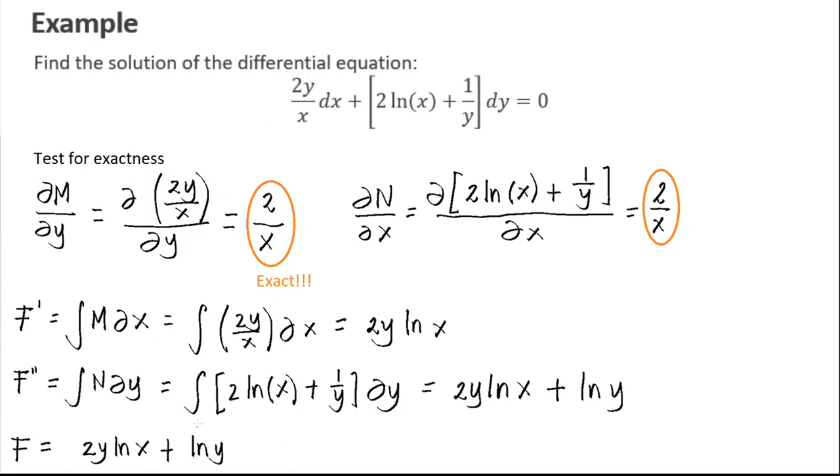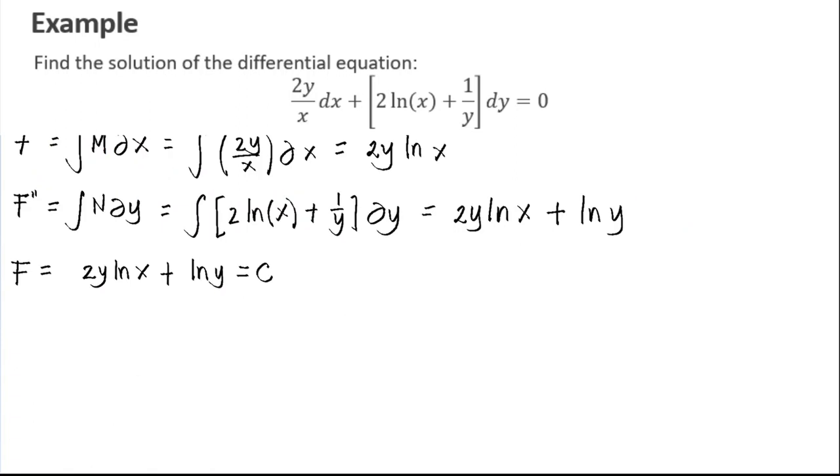Now we will proceed with the solution. So I will just put here equals c, right? Now simplifying this, we can combine ln xy and ln y. Again, laws of natural logarithms. This will become ln.